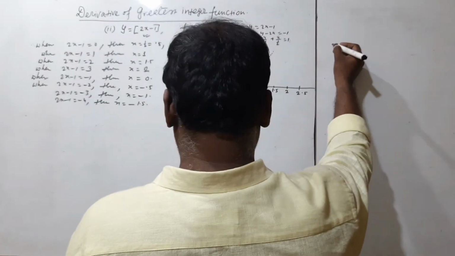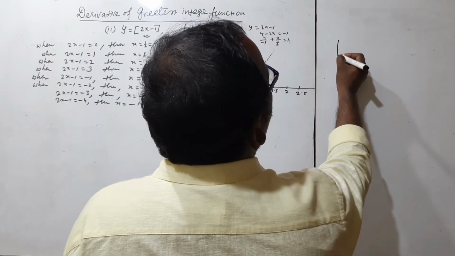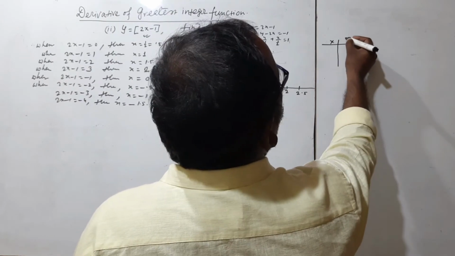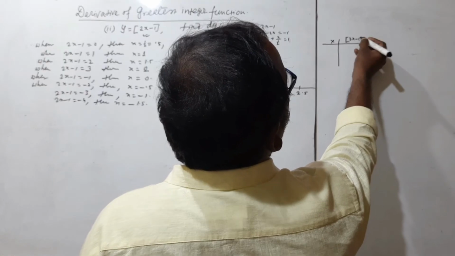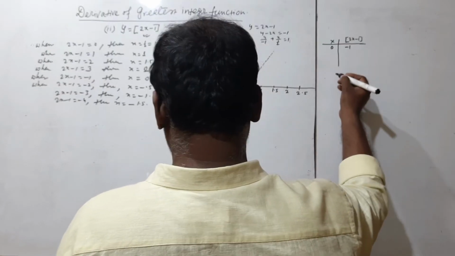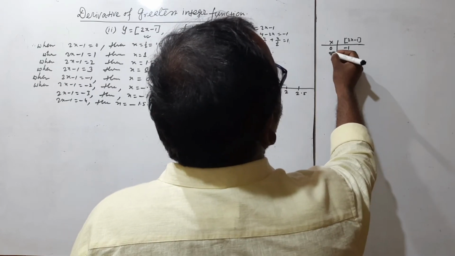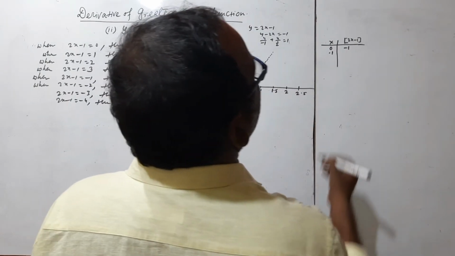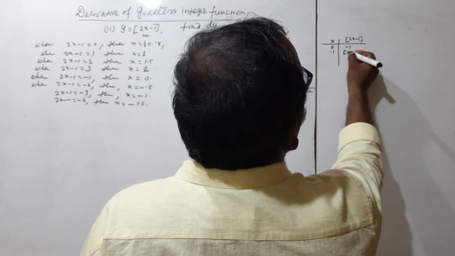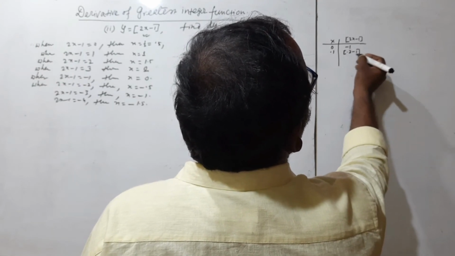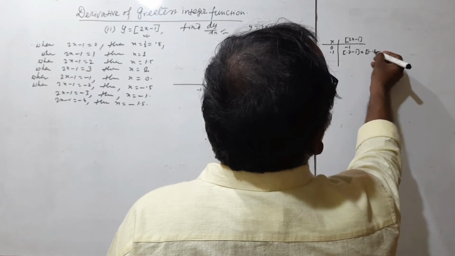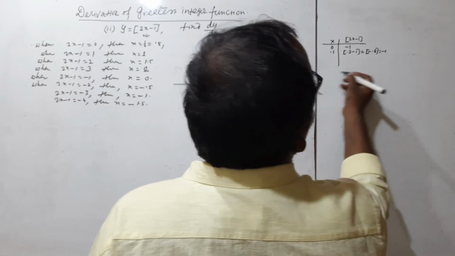See, if x is here and this is the box of twice x minus 1, if x is 0, then this is minus 1. If it is 0.1, then twice is 0.2, minus 1, so this is minus 0.8, so the box is minus 1.